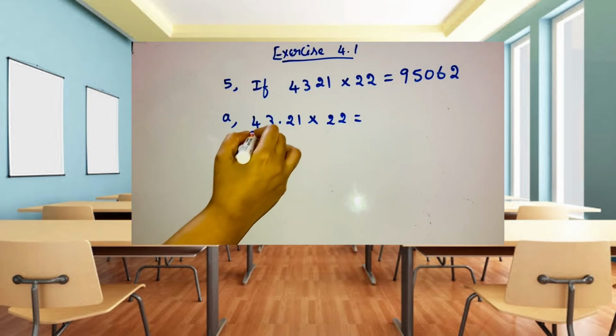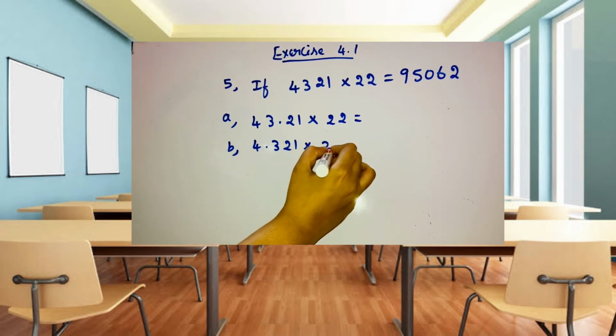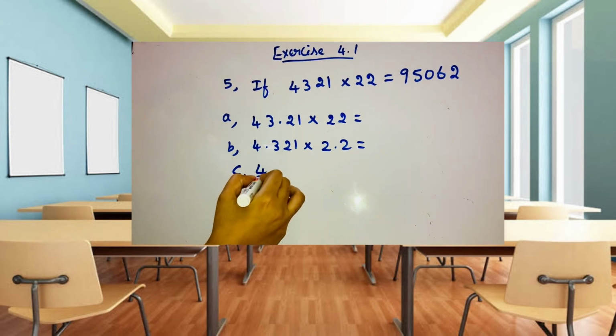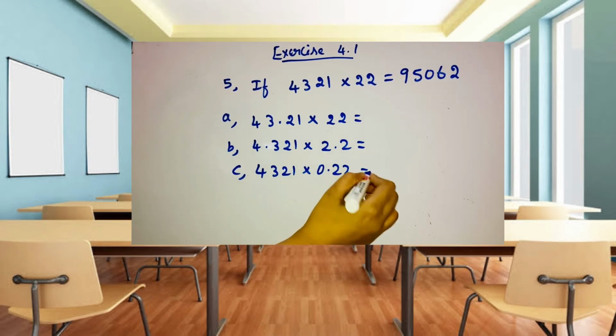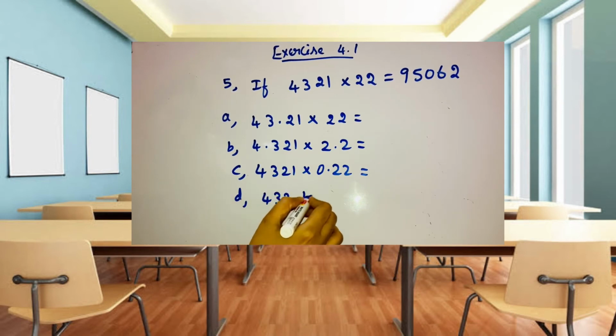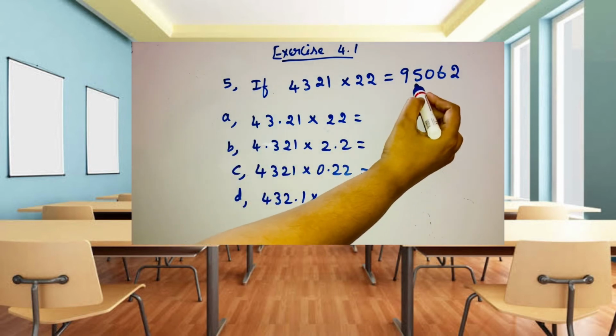Second one, 4.321 into 2.2. Third, 4321 into 0.22. Fourth, 432.1 into 0.022. When we multiply 4321 into 22, we will be getting this answer.